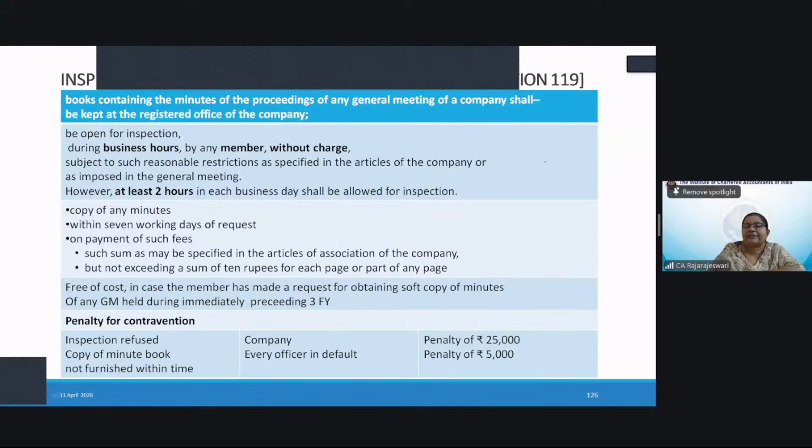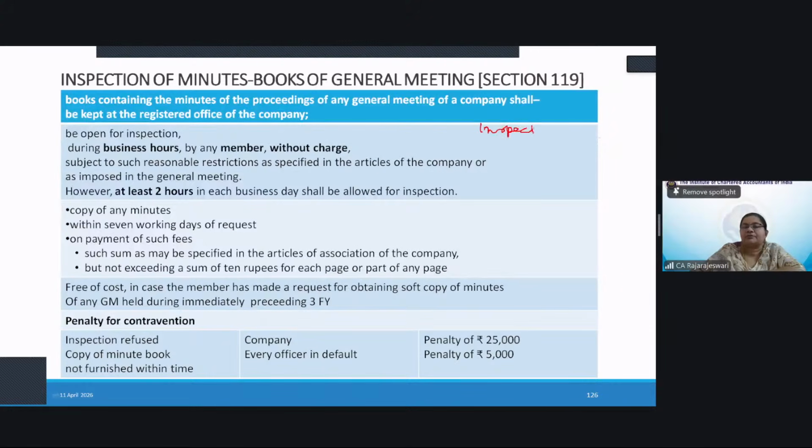Then who can inspect the minutes? So inspection of minutes is also possible. See, you are keeping that minutes in the registered office of the company. It is open for inspection during business hours.